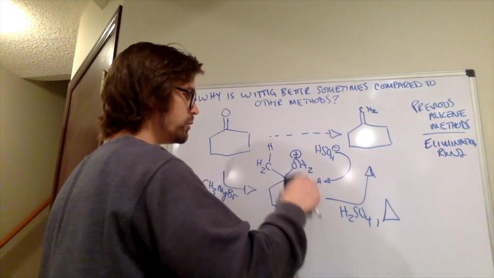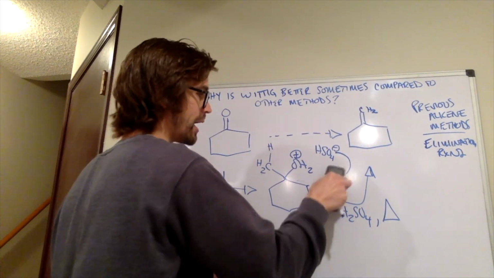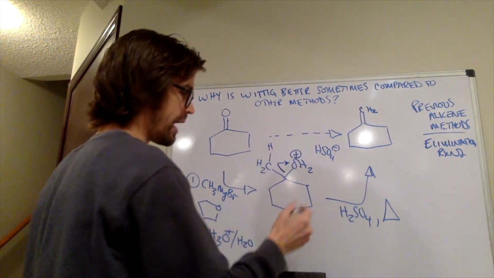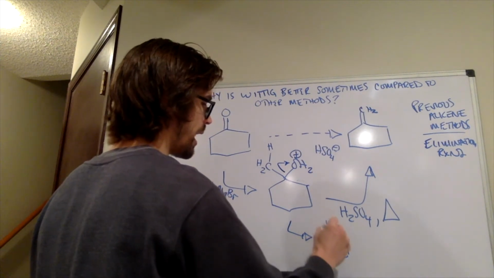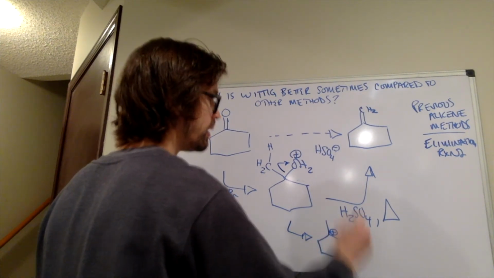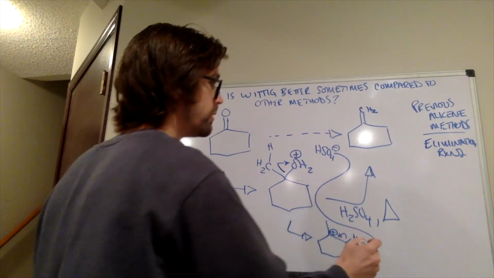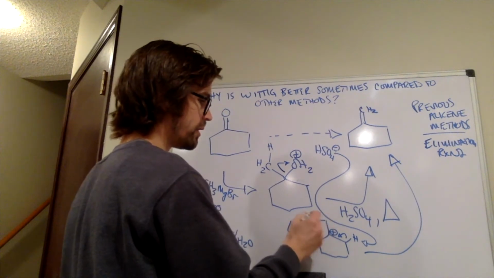And actually, this would be a 2-step, this would be an E1 type reaction, so let's draw that in 2 steps. So essentially, that guy is going to leave. That's going to generate our carbocation intermediate. And then that HSO4 minus can pull that off to form that if we grabbed this proton.